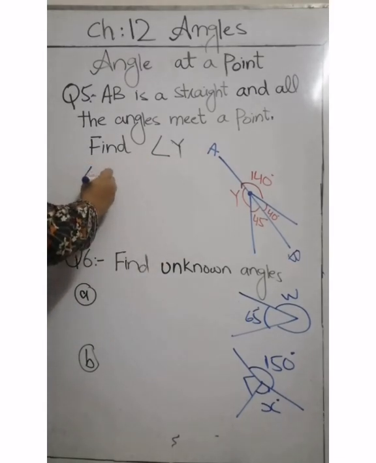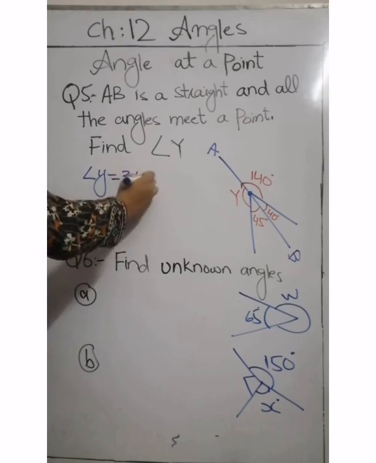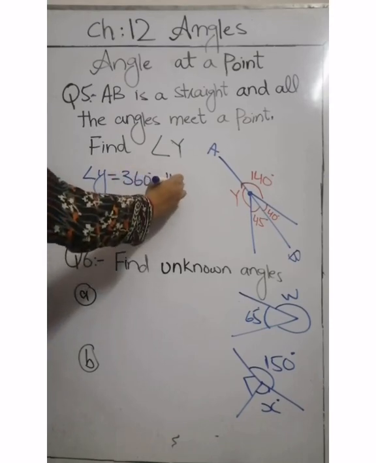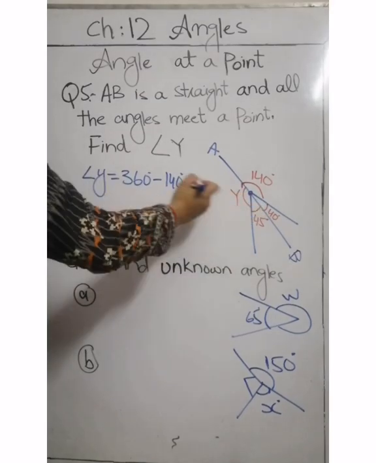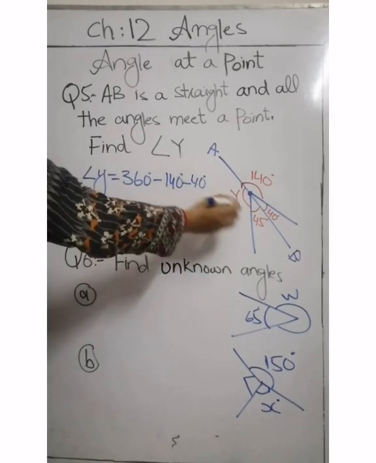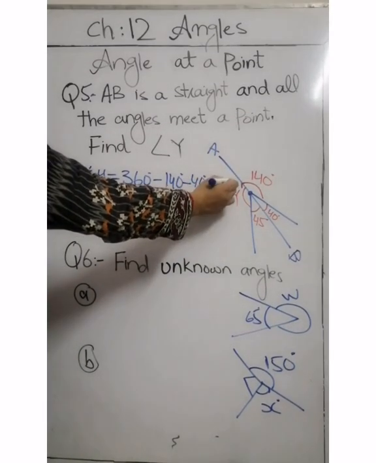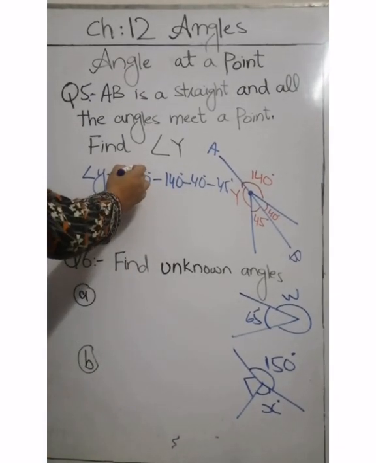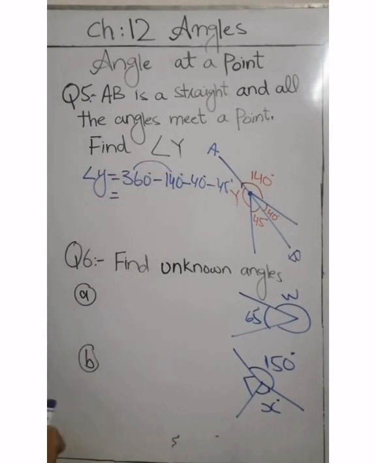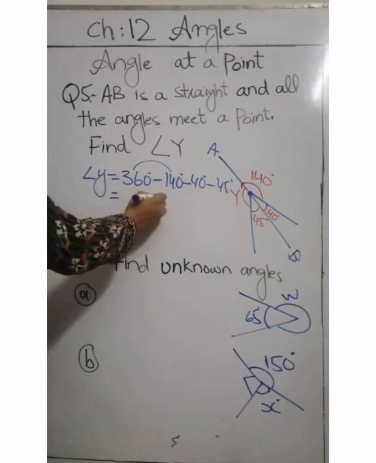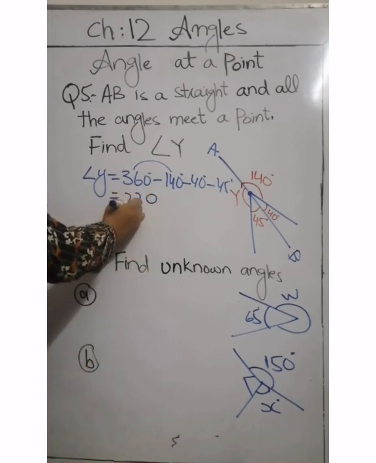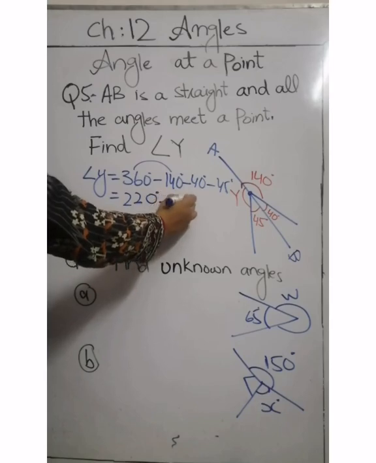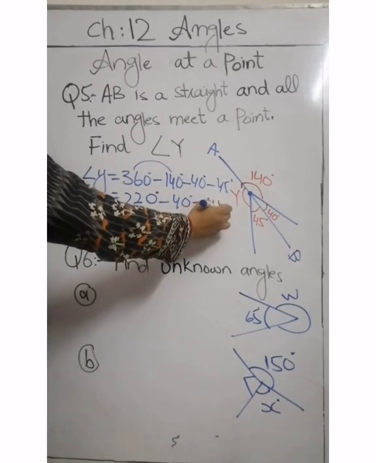Suppose angle y is equal to 360 degrees minus 140 degrees minus 40 degrees minus 45 degrees. When we subtract 360 minus 140, we get 220 degrees. Then we subtract 40.